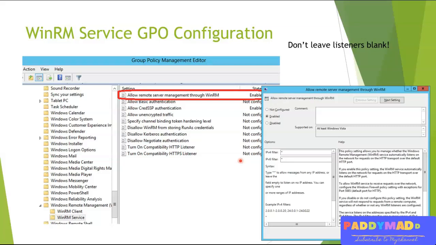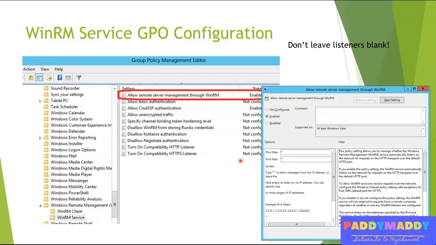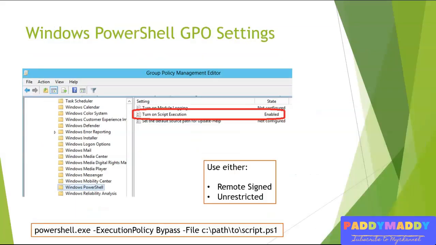For example, if you remember in one of our basic lectures on scripting, where we got an error, we needed to start the WinRM service, or WS-Management service. So these are the services that definitely need to be configured, and you might need to configure them with the help of group policy, so that you have unique specific settings for enabling remoting.